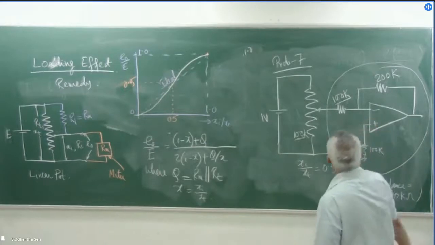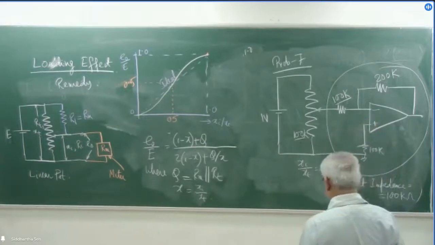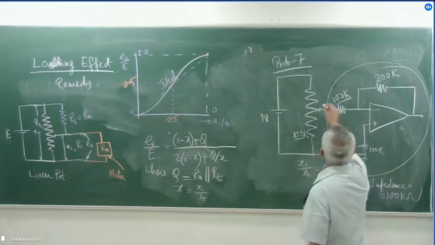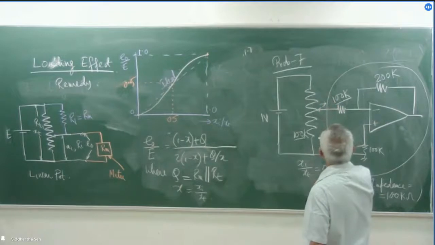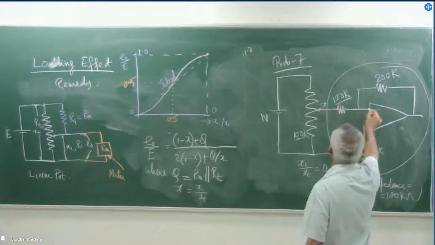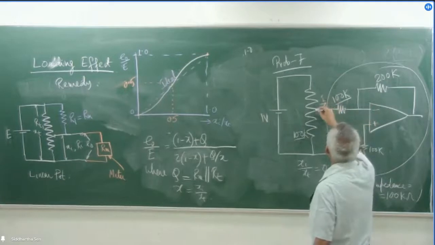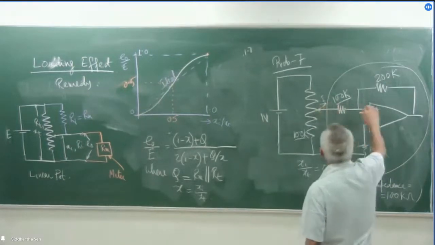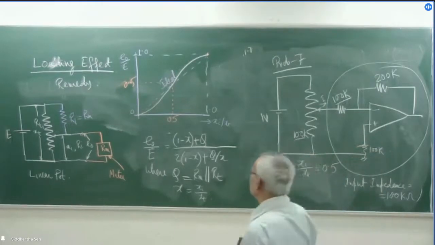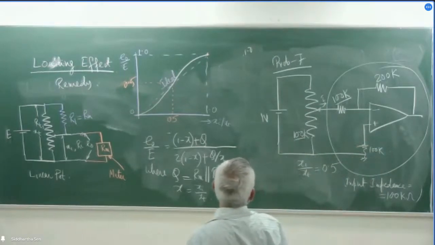This amplifier, use of an inverting amplifier, what is it causing? It is causing loading of the potentiometer, because some current will be flowing, drawing some current from the potentiometer, or rather, this will be loading the potentiometer.